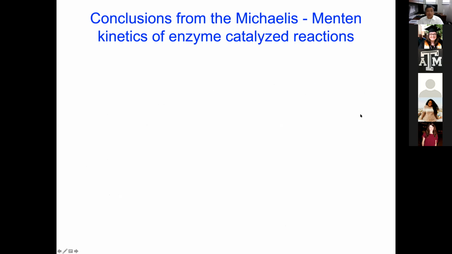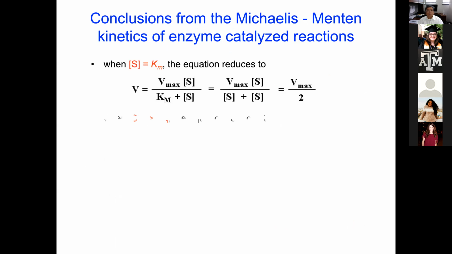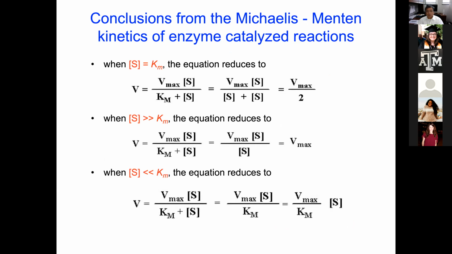I'll show you in a moment. So if you measure the substrate concentration at half Vmax, the Michaelis constant equals that substrate concentration. This is actually the experimental meaning of Km: Km equals the substrate concentration at half Vmax.